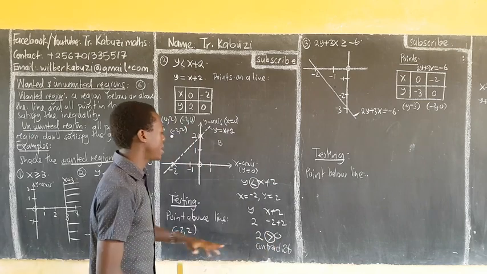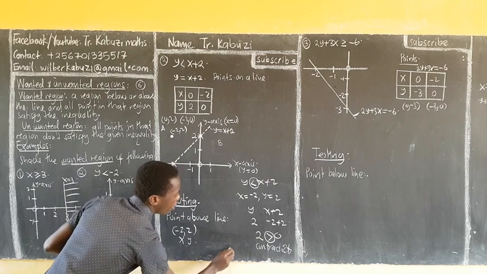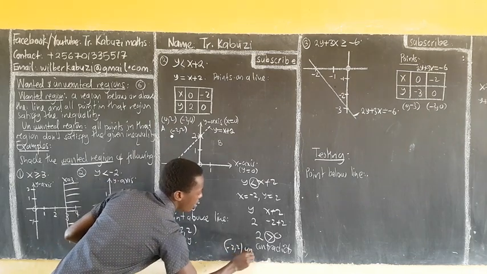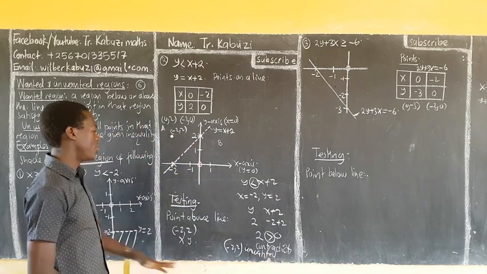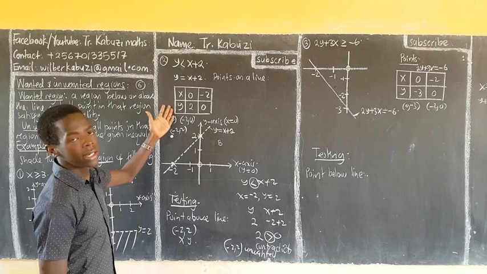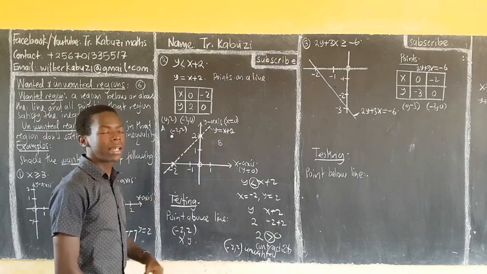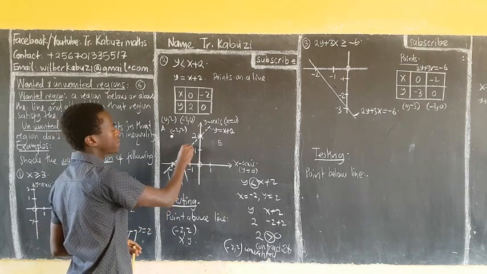So this point, negative 2, 2, is in an unwanted region. So it means that if the above is unwanted, then the below is the wanted. So now we shade below the line like this.